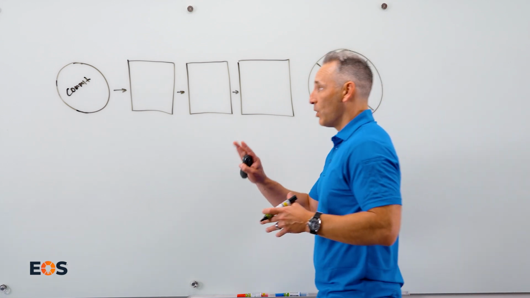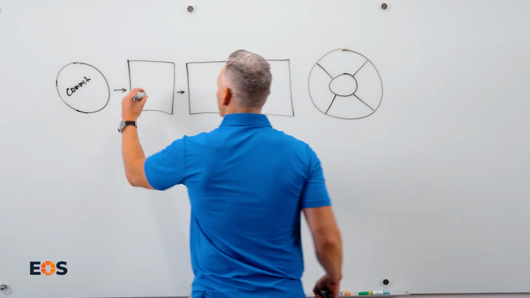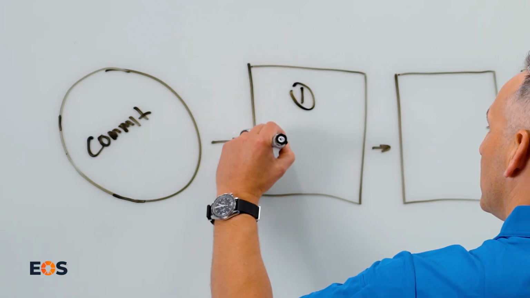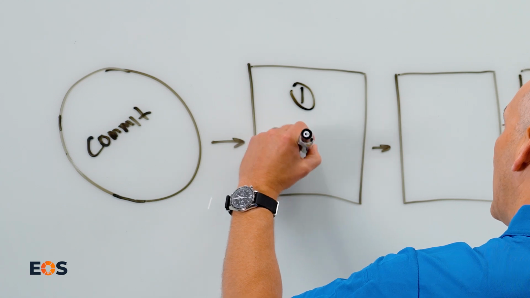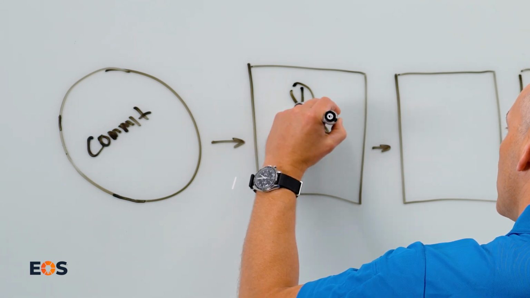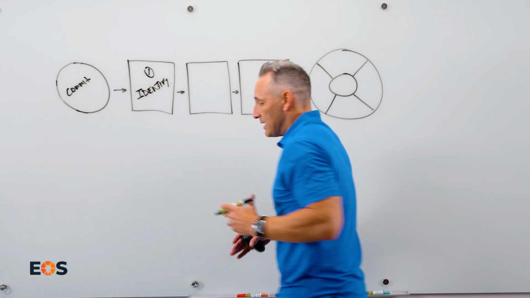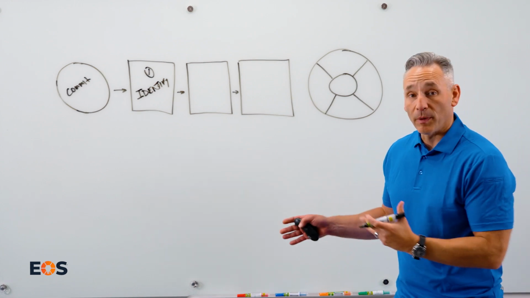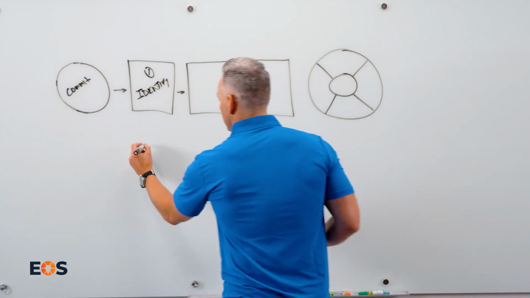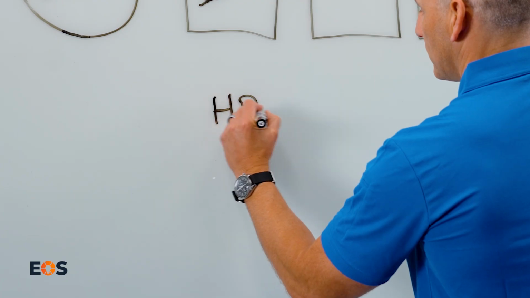So step 1, once you've made the commitment, is to identify. We're going to identify those handful of core processes. Now, this could be a people process. So every business has, say, an HR process.